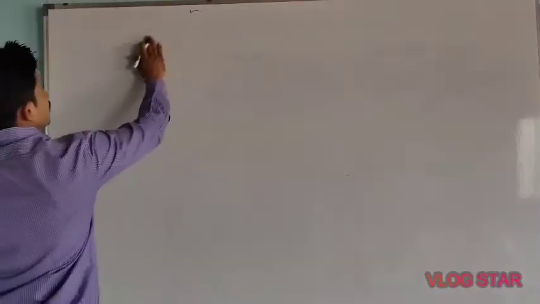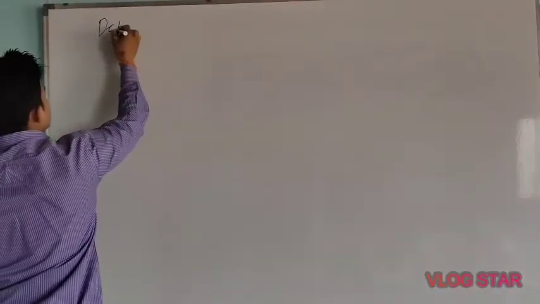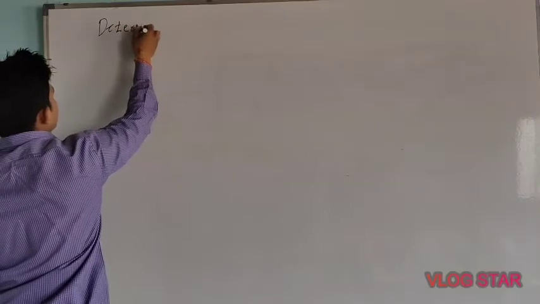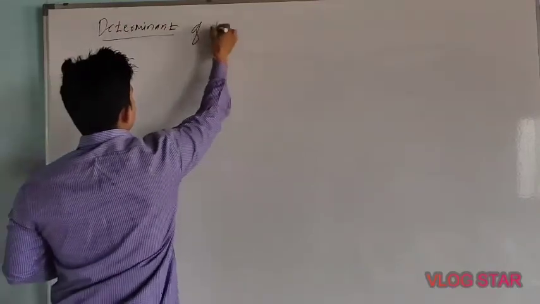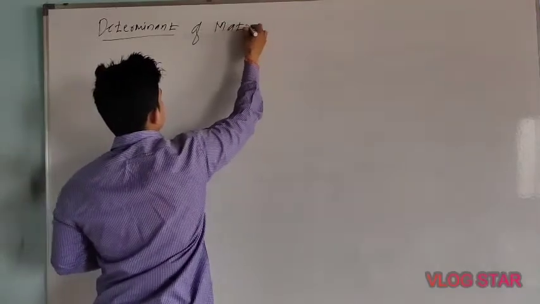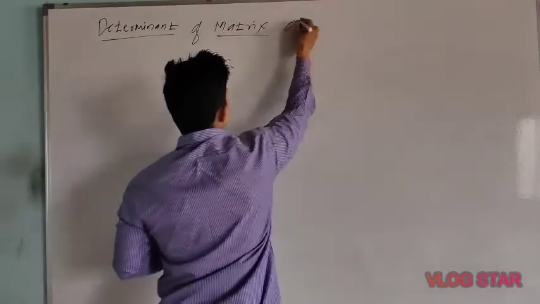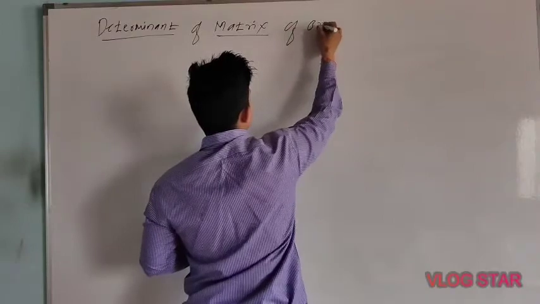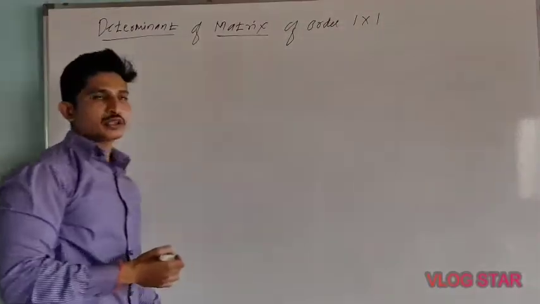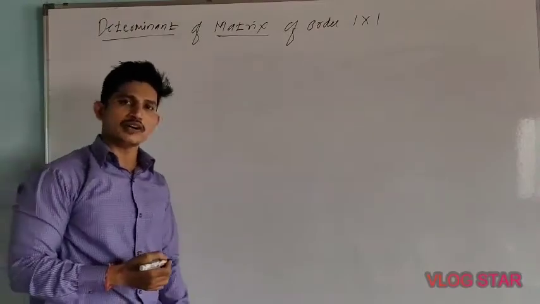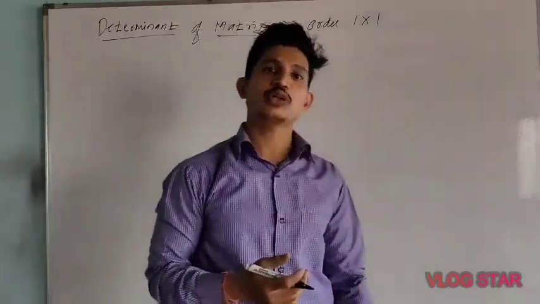Determinant of a matrix of order 1 cross 1. So how do we find the value of a matrix having 1 cross 1 order?